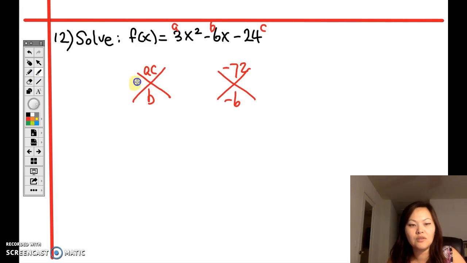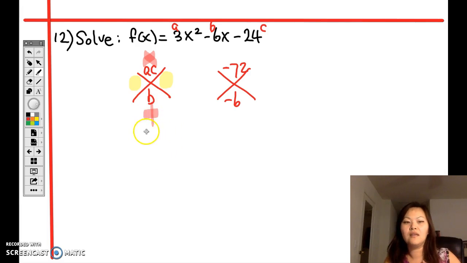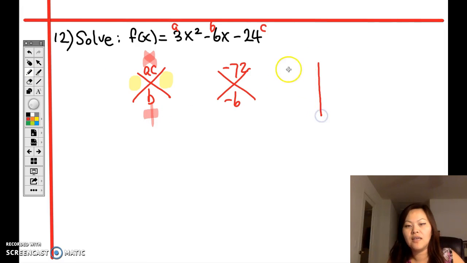This is where your answers go, right? 2 numbers that you can multiply to get AC and add to get B, okay? So there you go. I'm gonna have to start with a table. 1 times 72 is 72, 2 times 36. I just go in order, like 1, 2, 3, 4, like that, all right?